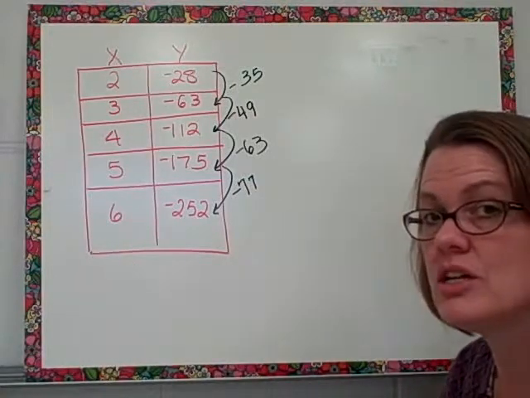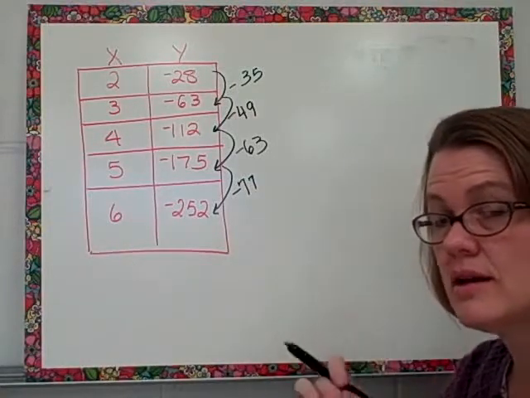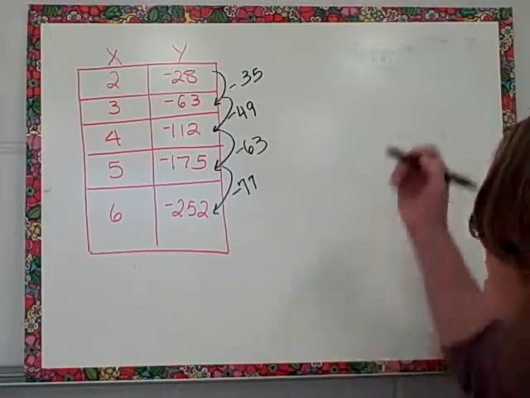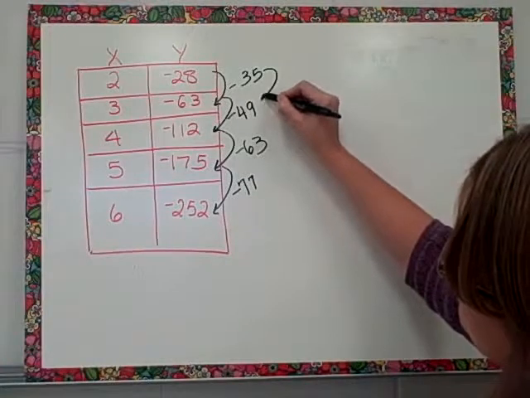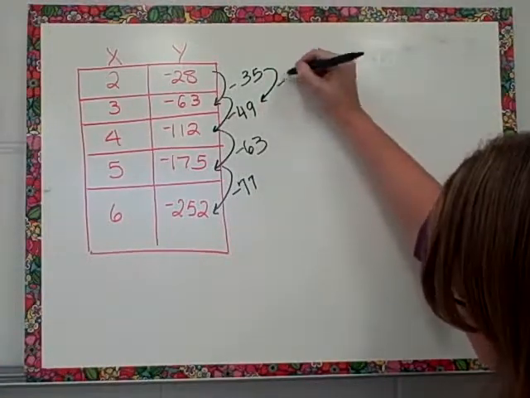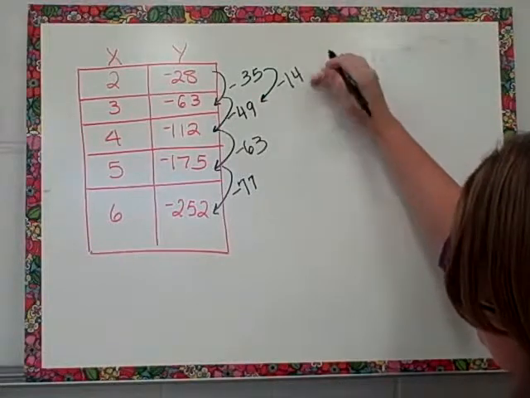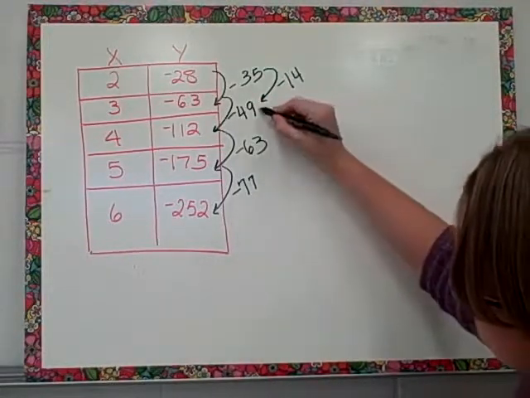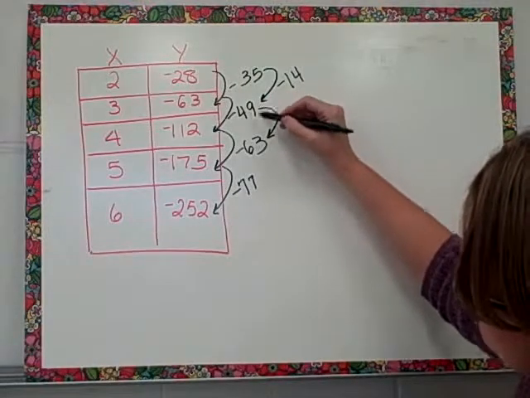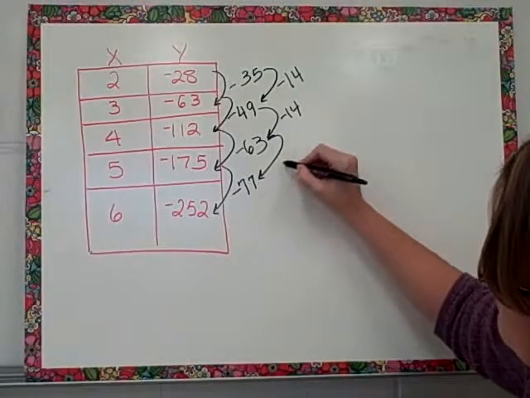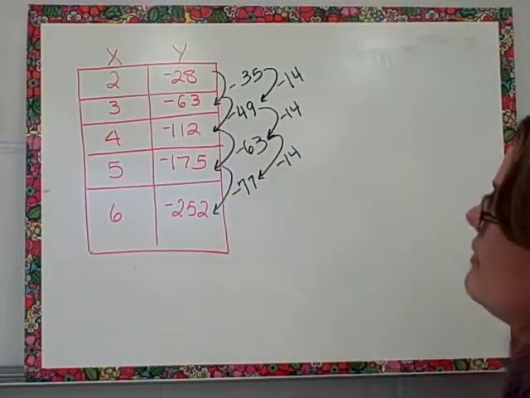Now what I can do is try to subtract a second time and see if there's a difference that's constant a second time around. So if I look at how to get from -35 to -49, that was a difference of -14. I had to take away 14 more to get to -49. And I took away 14 to get to -63. And I took away 14 to get to -77.